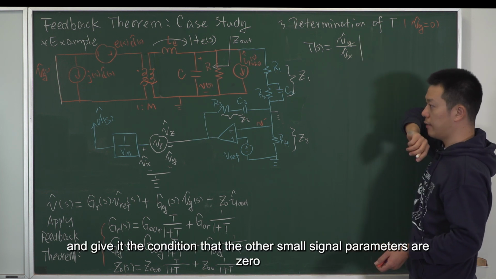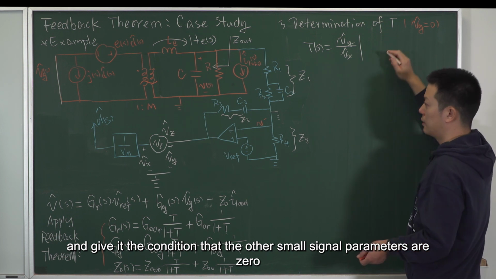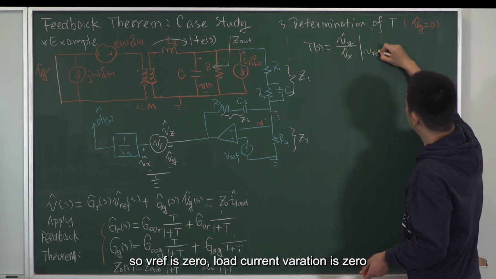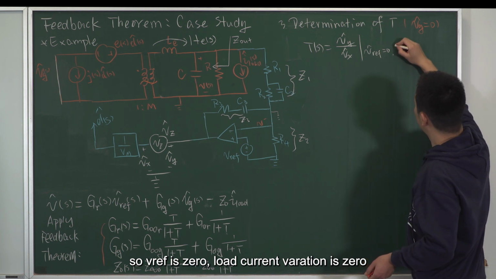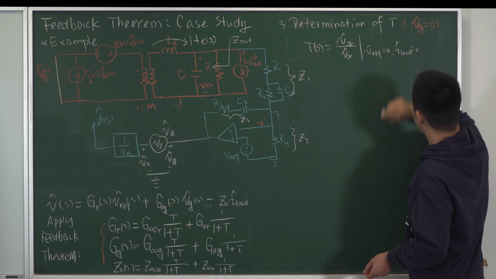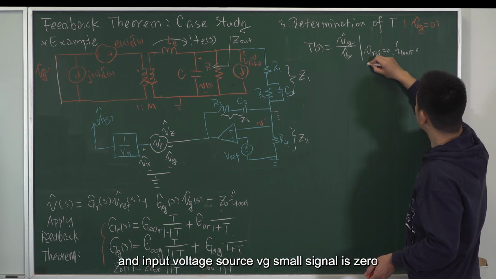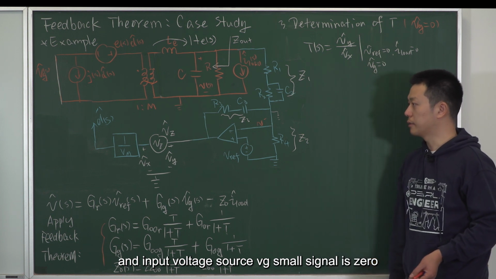And given the condition that the other small signal parameters are 0, so Vref is 0. Load current variation is 0. And input voltage source, Vg small signal, is 0.